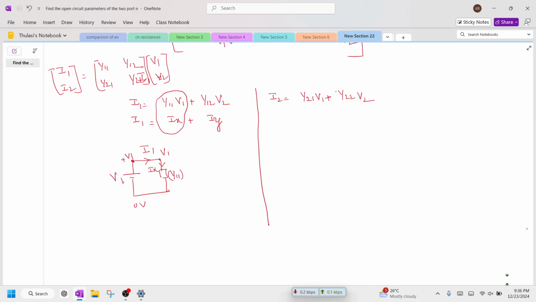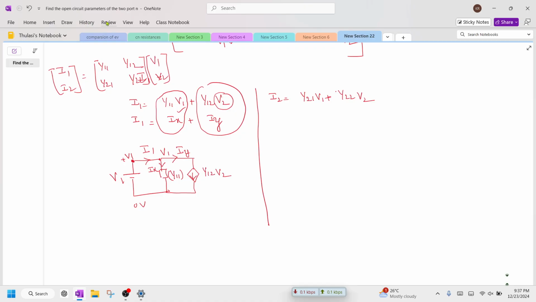So successfully I drew Ix, but at the input port I have to draw the parameters which are there at output. Therefore, I'm going to represent this with a dependent source. The dependent source is represented in terms of a rhombus, and the current Ix should leave this node, means the polarity of the current should be downward, where this current is Y12 V2.